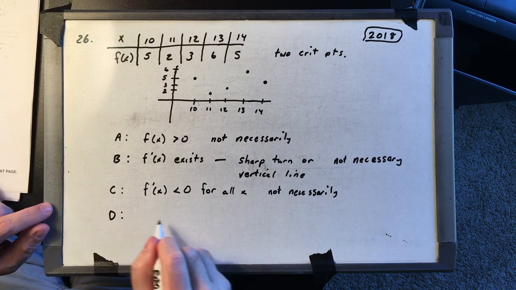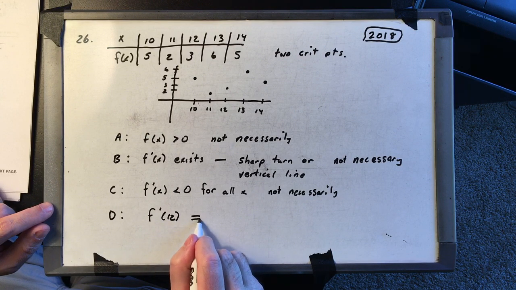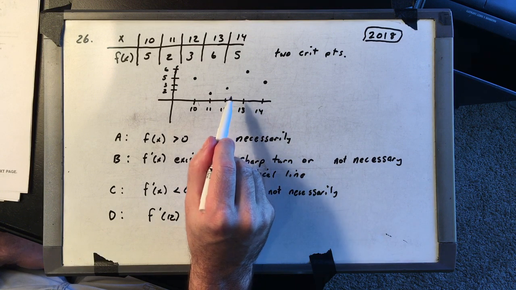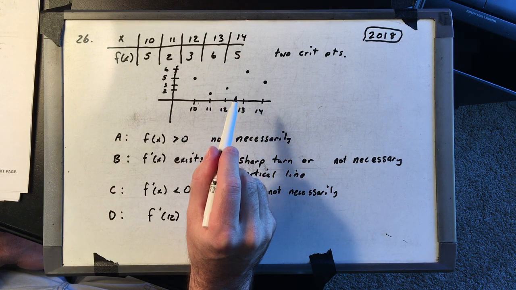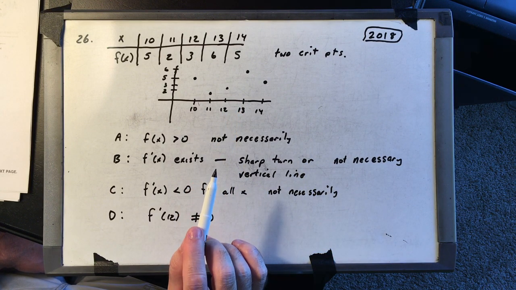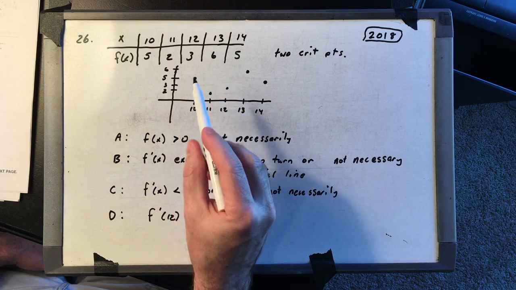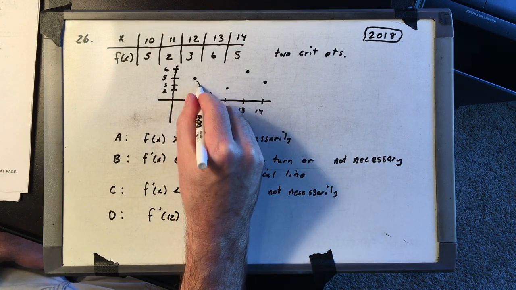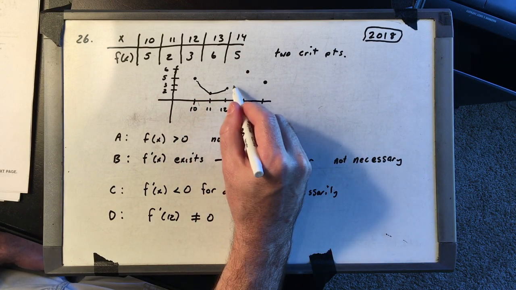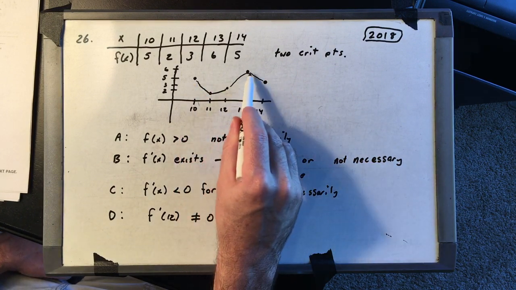But let's at least explain D. You've got f prime of 12 is not 0, meaning at 12, you can't have a critical point. That's because the critical points have to occur between 10 and 12, because see how it goes down like this, and it has to occur between 12 and 14, but it can't occur at 12.